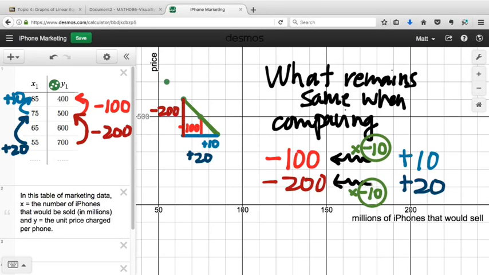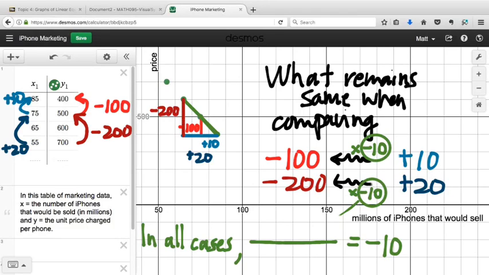This number negative 10 tells us, in all cases, that if I divide the differences in my y values, which sometimes we represent by y2 minus y1, so a difference in two y values of 2 points on my graph, if I divide that difference by the corresponding difference in the x values, that ratio, this quotient, is always equal to negative 10.